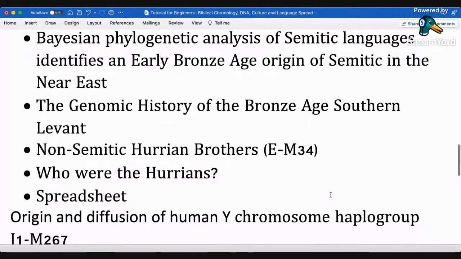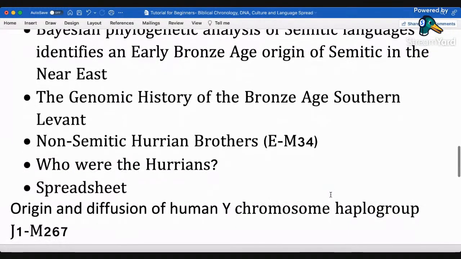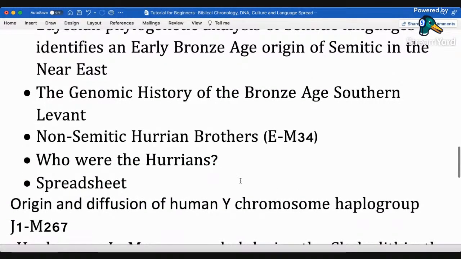We'll go into who the Hurrians were. And I'll also show the spreadsheet showing exactly how to understand and identify the haplogroups they're referring to in these academic articles.